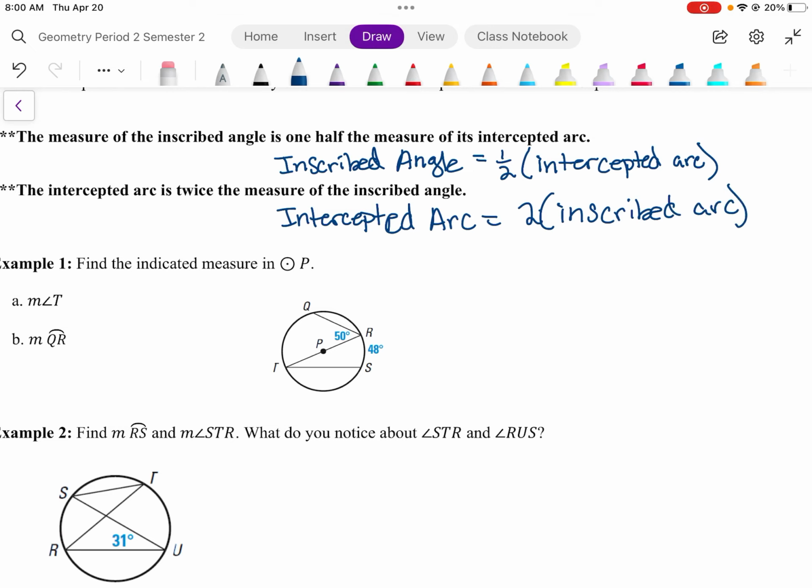They are just rearranged depending on what part you are solving for. So if you're going from the arc to the angle, so you're solving for the angle, you're going to multiply by 1/2. Oh, I wrote that wrong, I'm sorry. This is supposed to say angle. So if you're going from the angle to the arc, then you're going to multiply by 2.